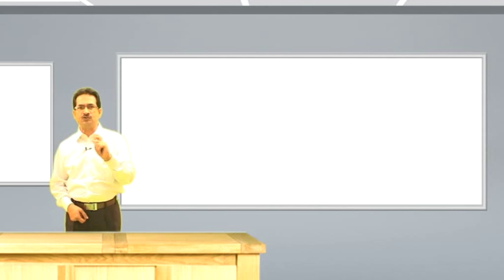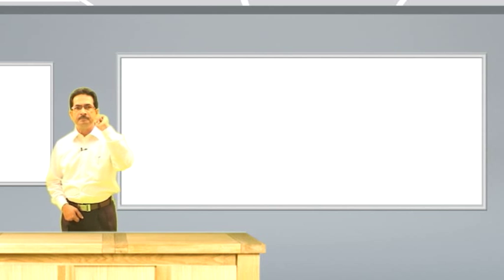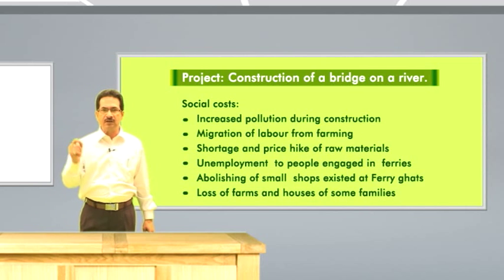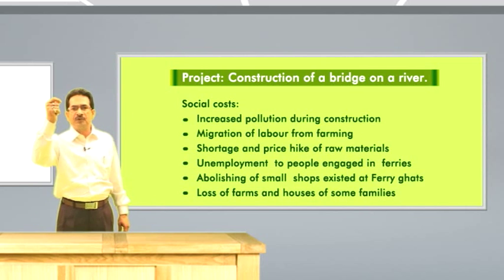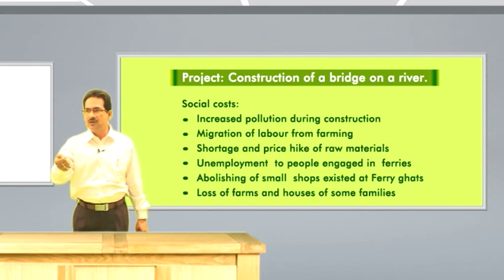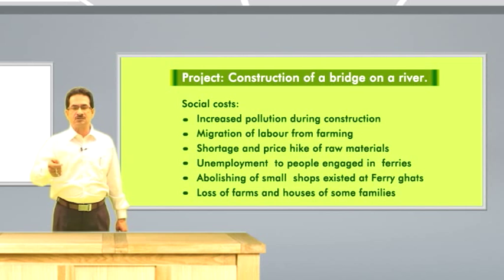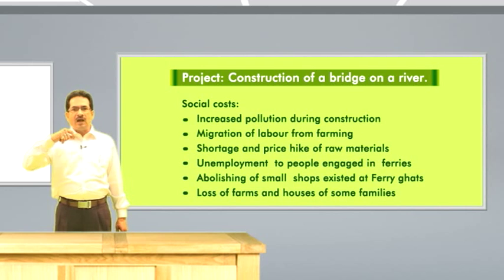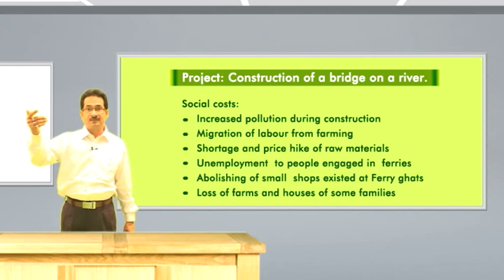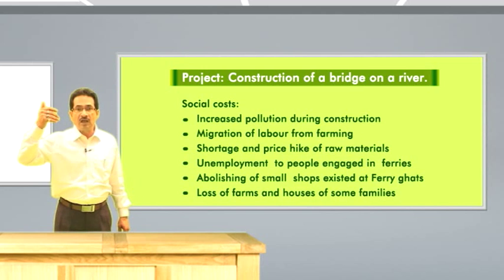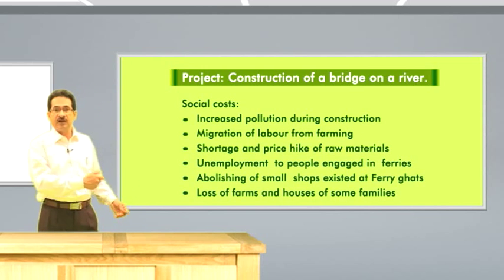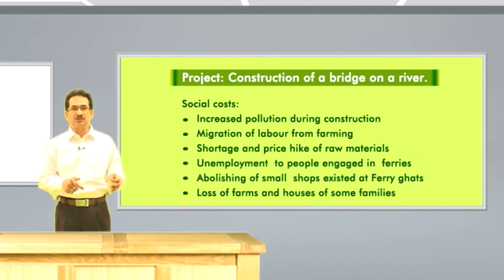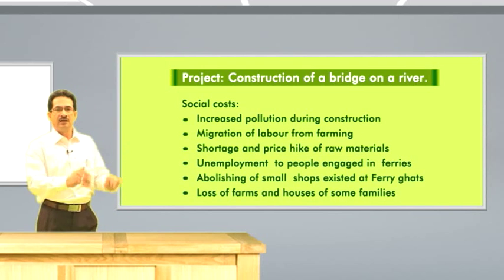Now the social cost of this type of project would be increased pollution during construction, migration of labor from farming, shortage and price hike of raw material including iron rods, cement, bricks, soil, sand, etc. Then unemployment to people engaged in ferries, abolishing of small shops that existed at ferry ghats, and also loss of farms and houses of some families due to construction of the linking road to the bridge.